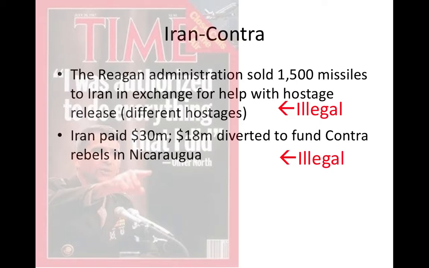Congress had specifically told Reagan that he could not fund the Contra rebels in Nicaragua because they were associated with atrocities and death squads killing whole villages for their support for the Sandinista government. This became known, and it was a major scandal that consumed about a year of Reagan's presidency.